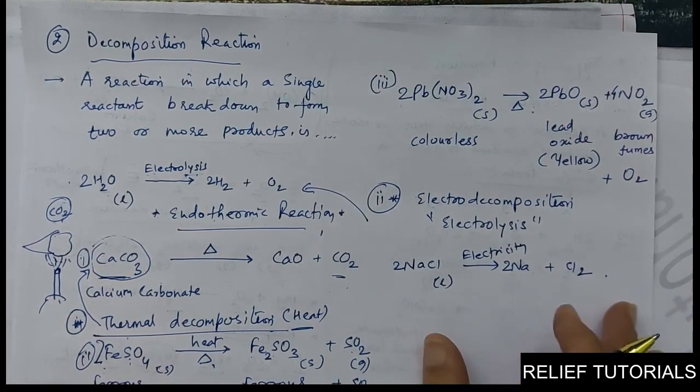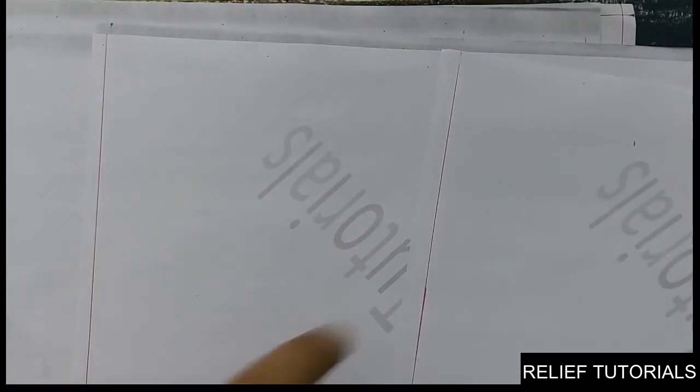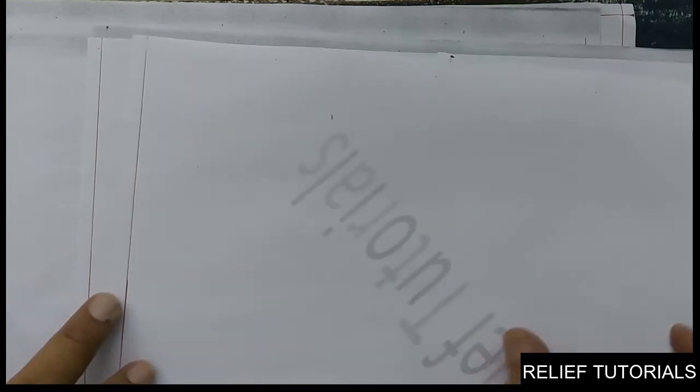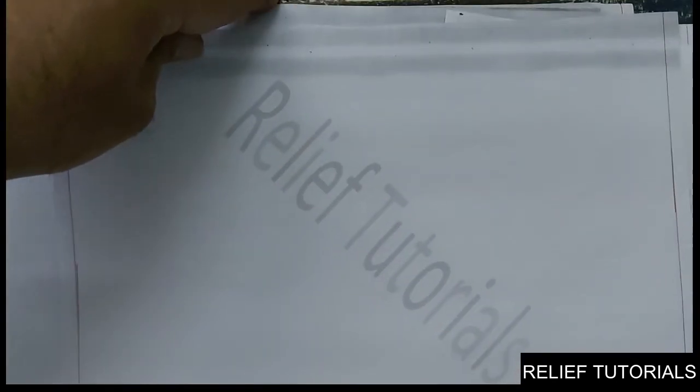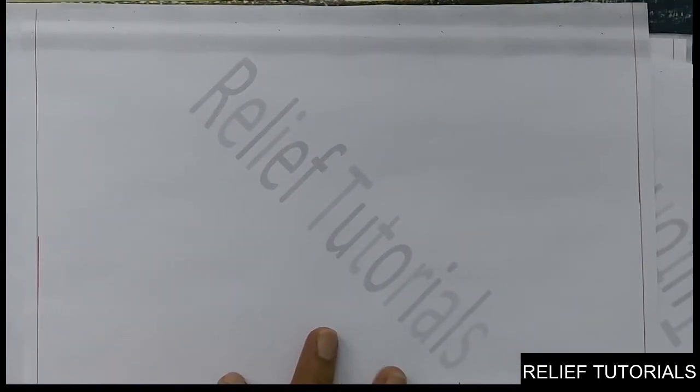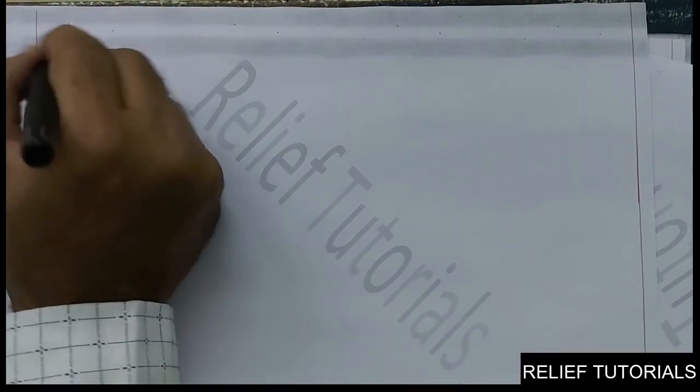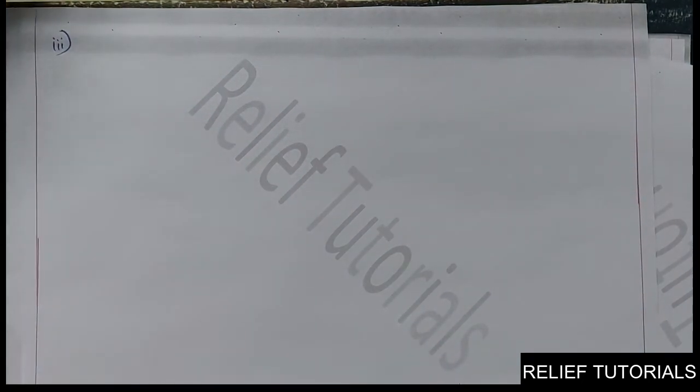The third type of decomposition reaction is one in which we are providing light as the energy.